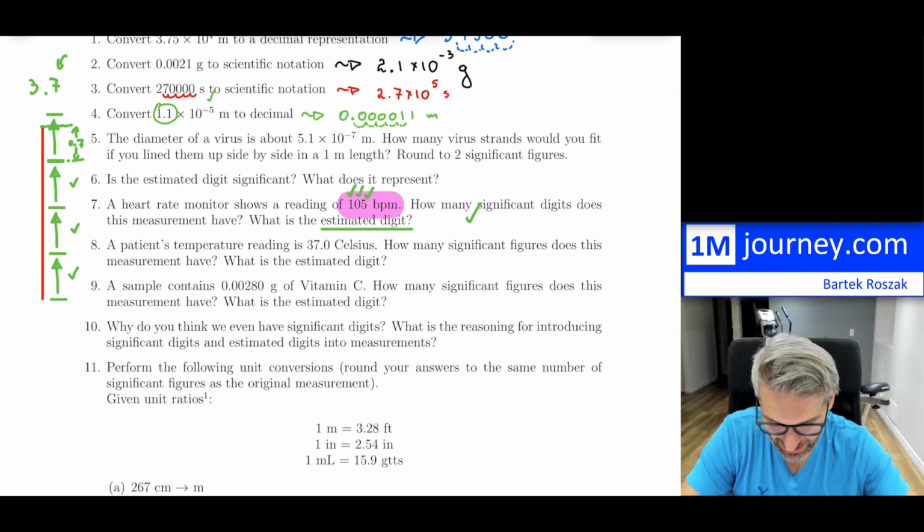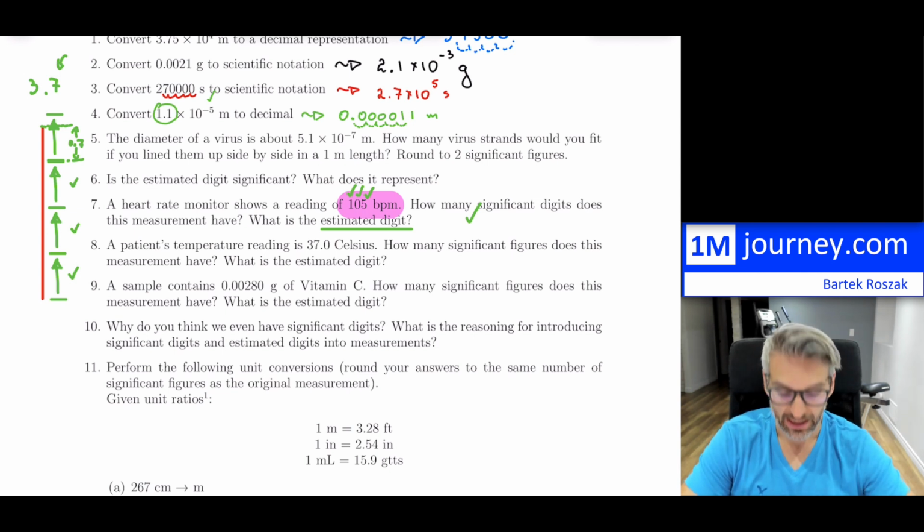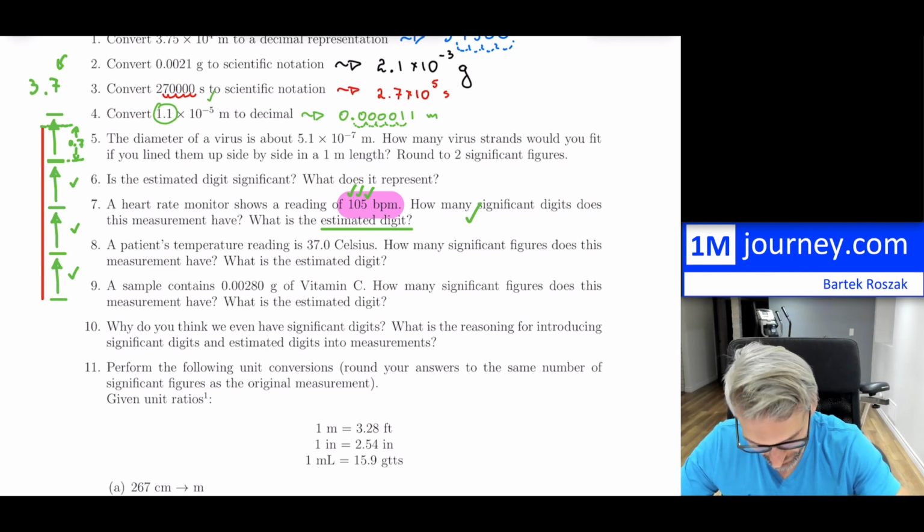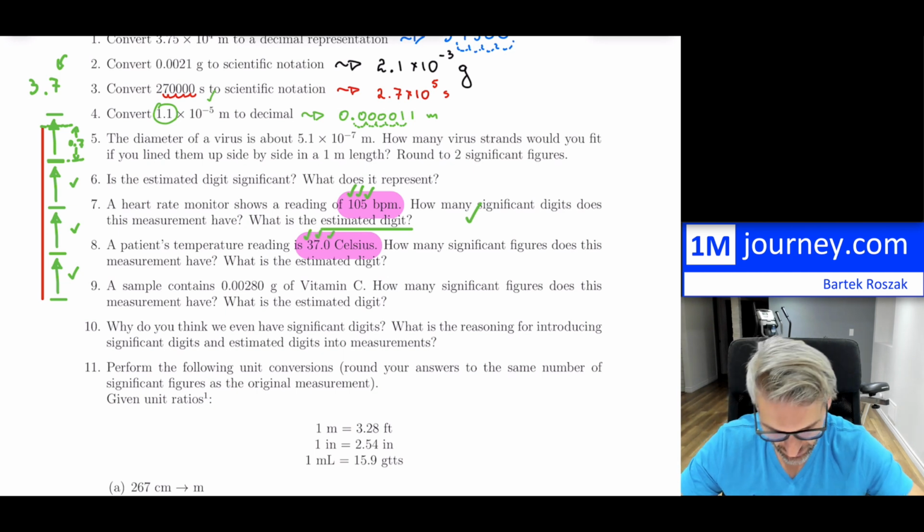Question 8. A patient's temperature reading is 37.0 Celsius. How many significant figures, or digits, does this measurement have? What is the estimated digit? Okay, so that's also an easier one. So this will also have 3 significant digits, 1, 2, and 3.